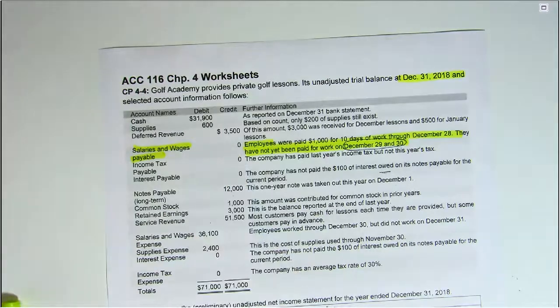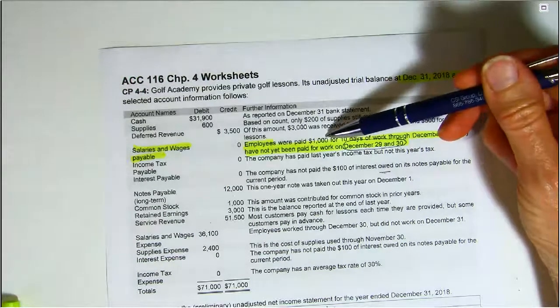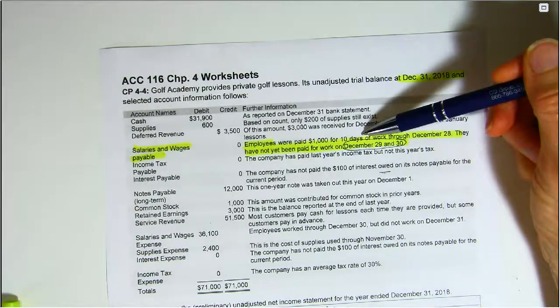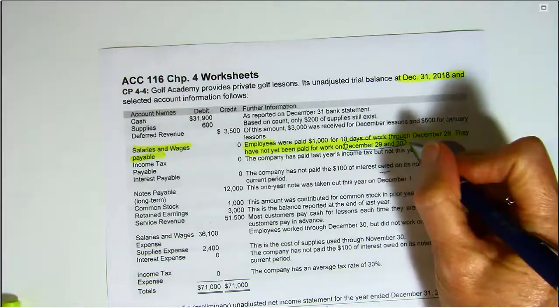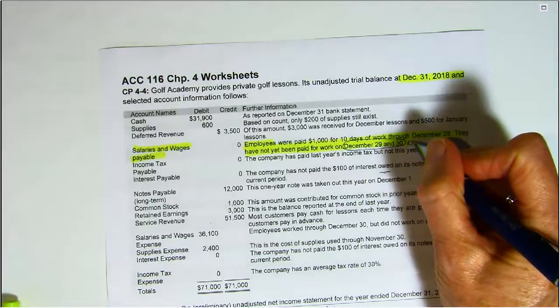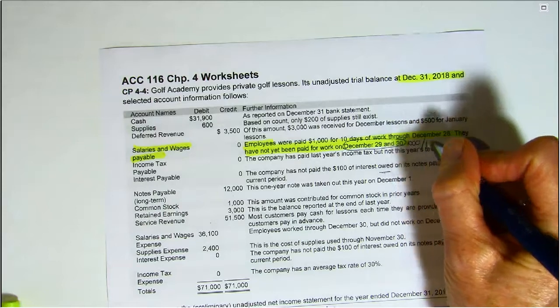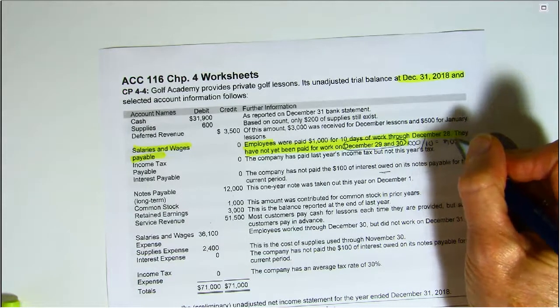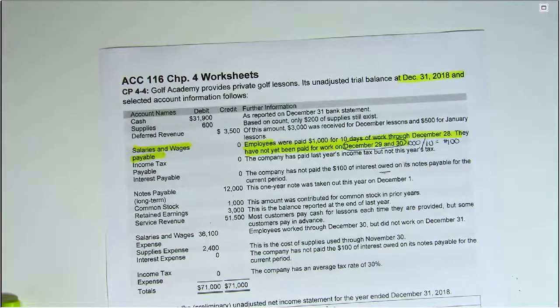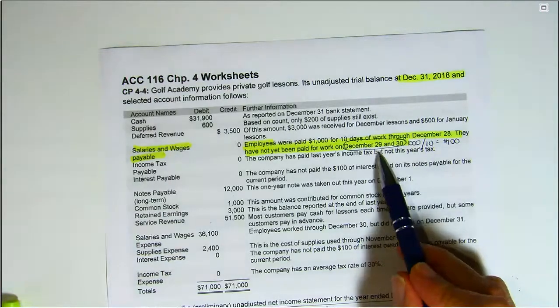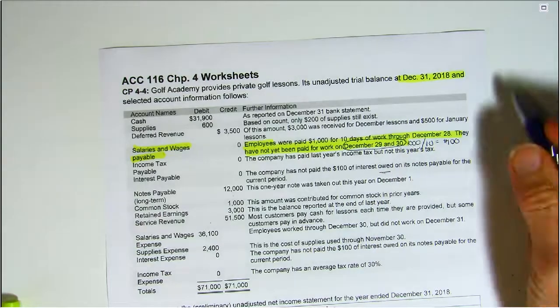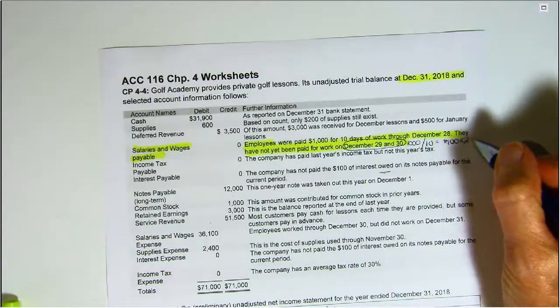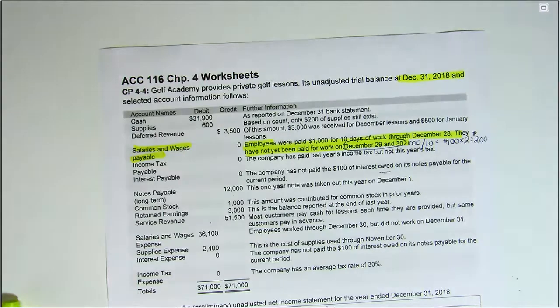Well, the only way we can figure this out is to take $1,000 for 10 days of work and divide that to find out what 1 day of work would be. 1,000 divided by 10 equals $100 for 1 day, and we have to accrue for 2 days. So we'll multiply that by 2, and that means at this point, December 31st, $200 is owed to the employees.